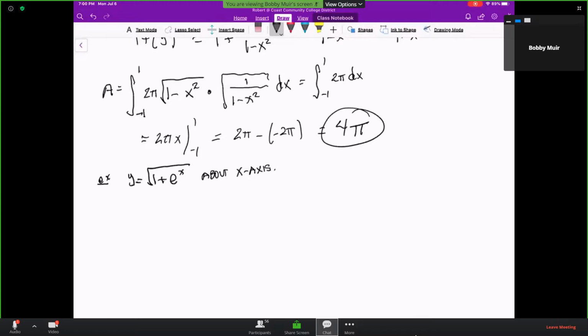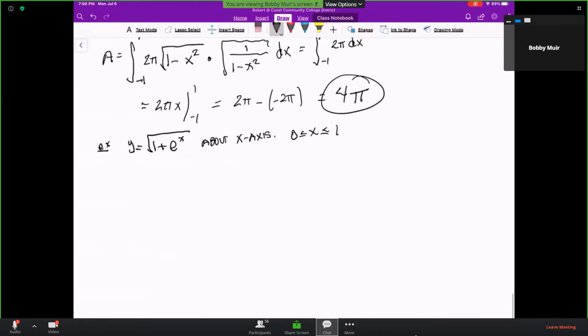And we're going to go from 0 to 1. So when x is 0, it's going to be the square root of 2. So it's starting at radical 2, and the square root function goes like this. So basically, it's this region right here that we're spinning around and trying to find the area of.